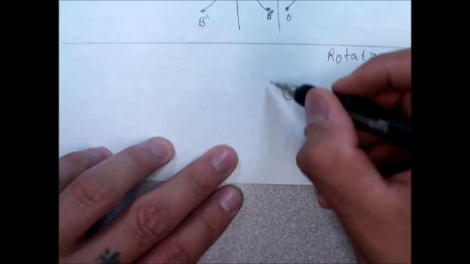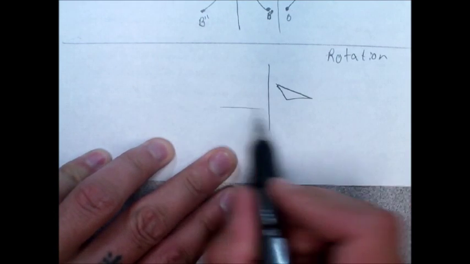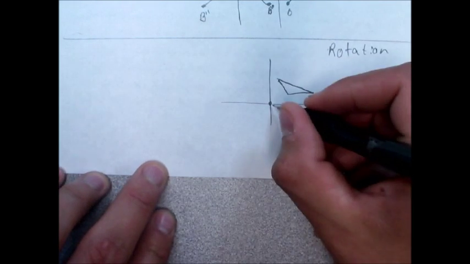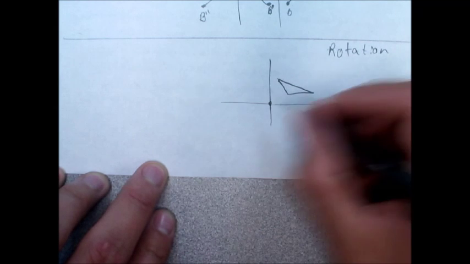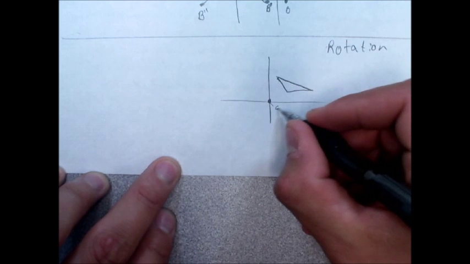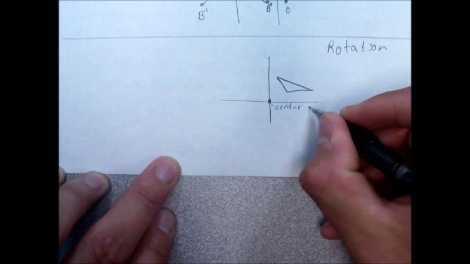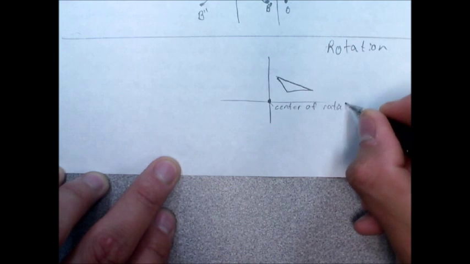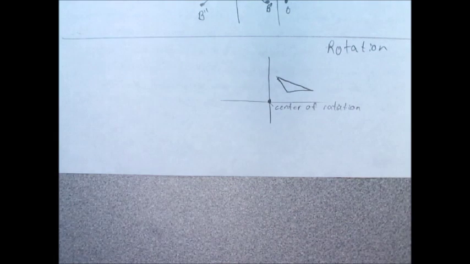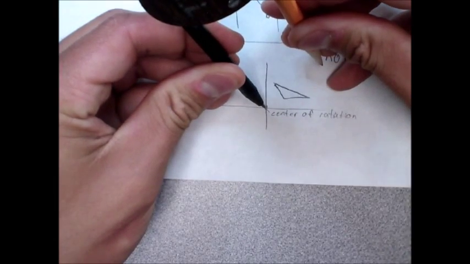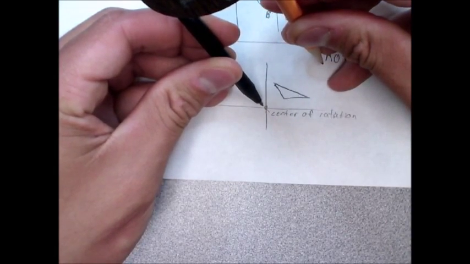So if they stick you, and a lot of times, especially on testing, they'll say that your center of rotation is going to be your origin. So if my center of rotation is right here, I'm just going to write it in, center of rotation. So if that's my center of rotation, if I was doing this with my compass, which in this case I am, my sharp end is going to be right there on my center of rotation.